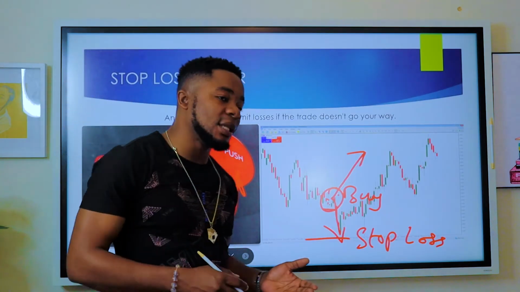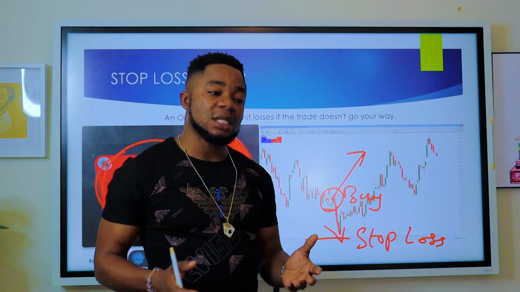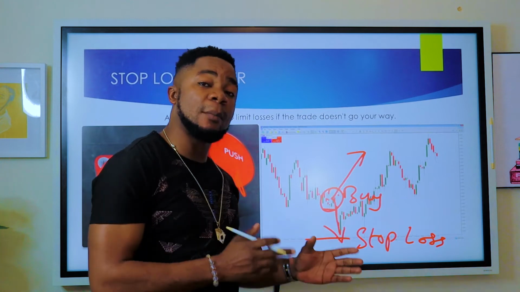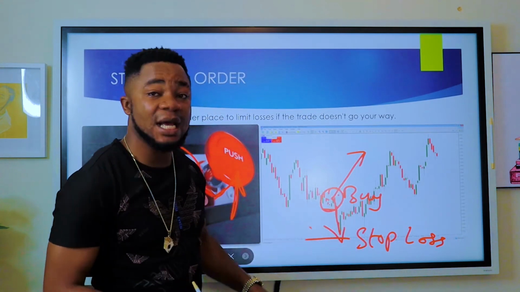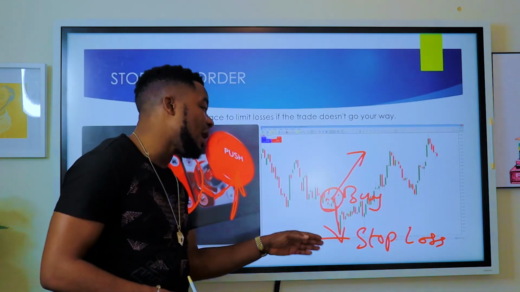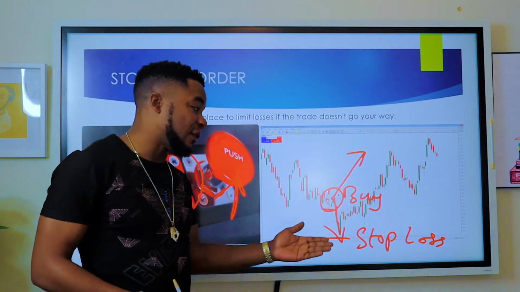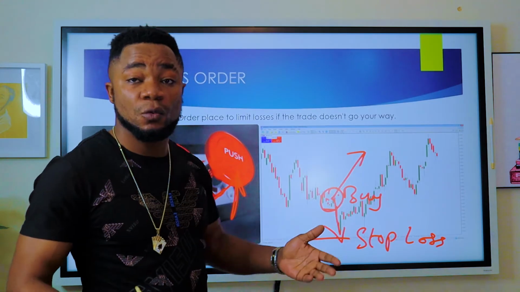That brings us to what we call risk to reward. Risk to reward is just the amount you are able to gain based on each dollar amount you are investing. If I'm risking $1 and I'm gaining $3, that means my risk to reward is 1:3. And if I'm risking $1 and I'm getting $4, it means my risk to reward is 1:4.